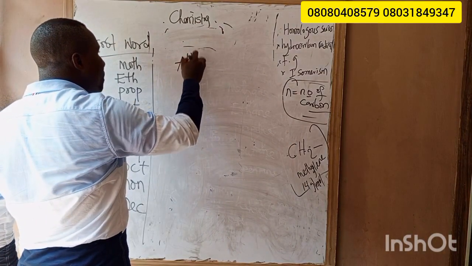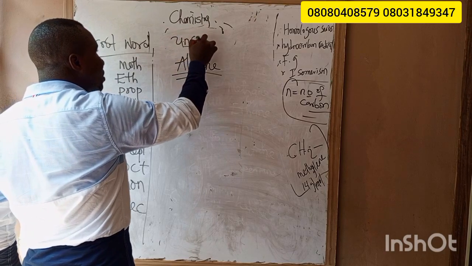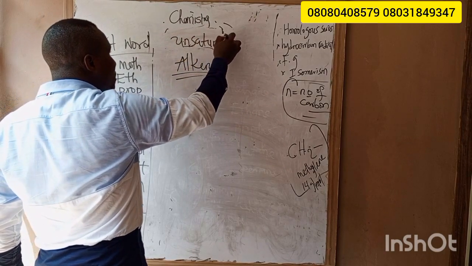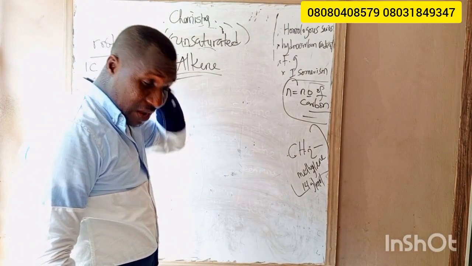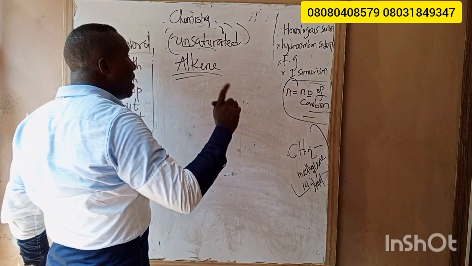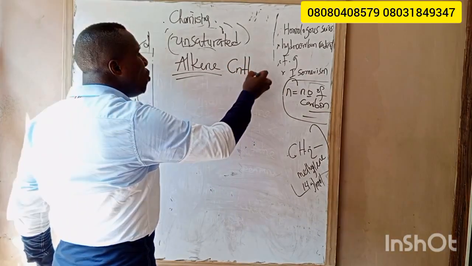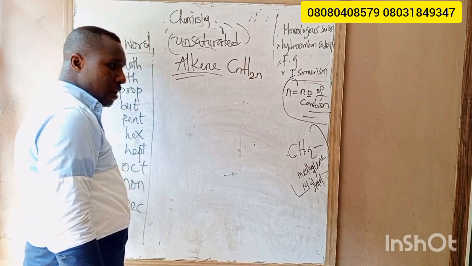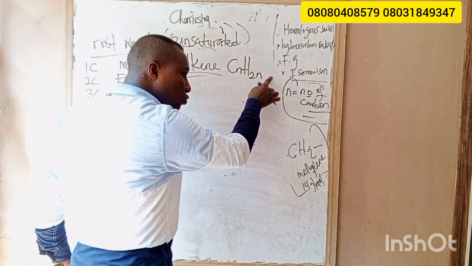For alkene, this one is an unsaturated hydrocarbon. Why is it unsaturated? Double bond between its carbon-carbon atoms. Take note, this alkene has the general formula CnH2n. Alkane is CnH2n plus 2.